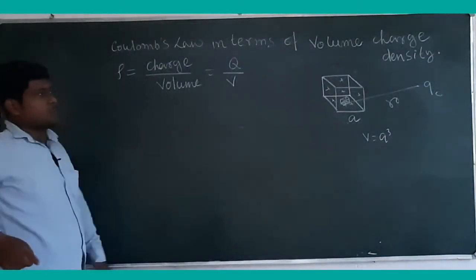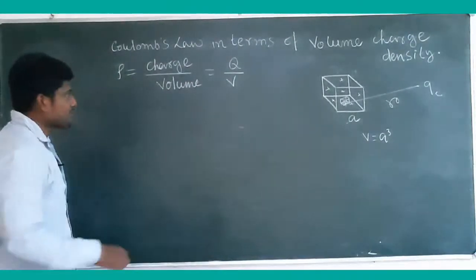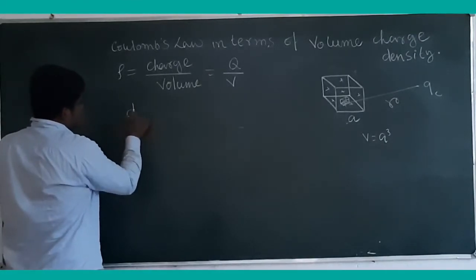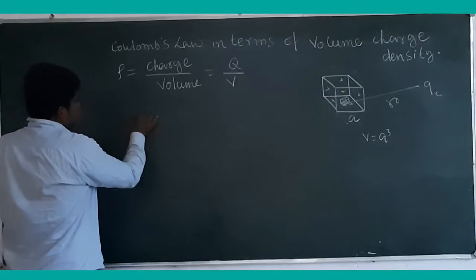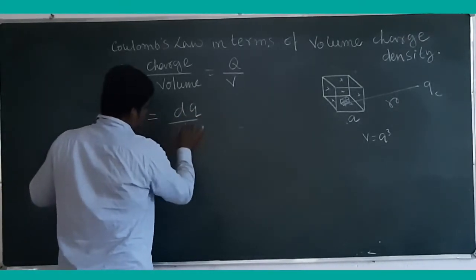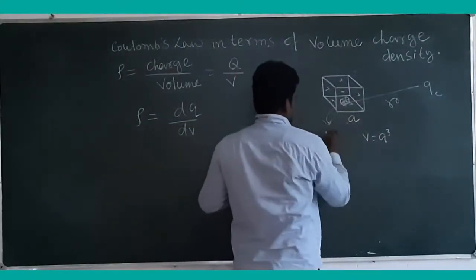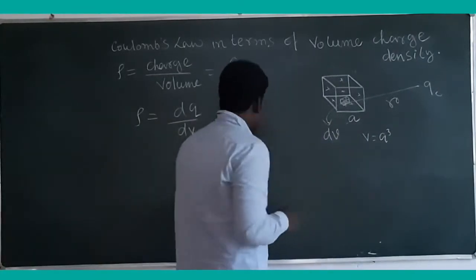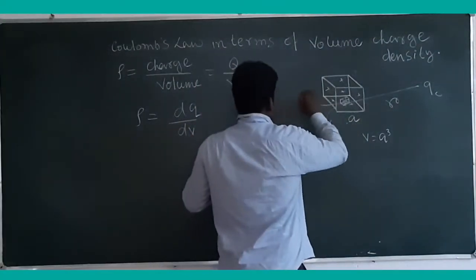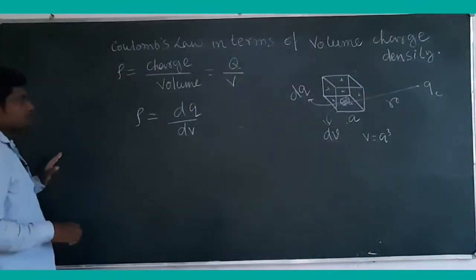Now for that small portion of the cube which is considered in the diagram, we write rho equal to dq by dV, as you consider the volume of this small portion as dV and the charge on that portion as dq.